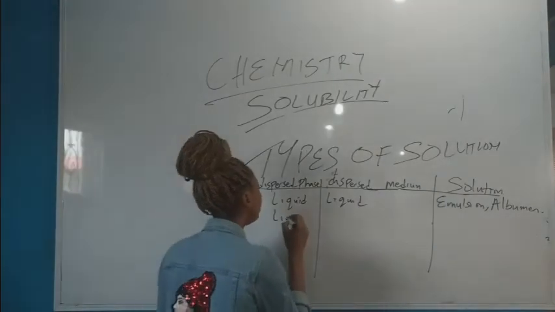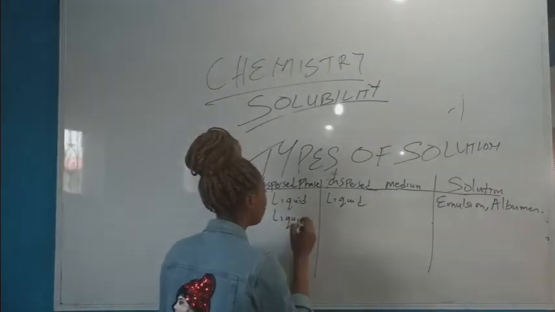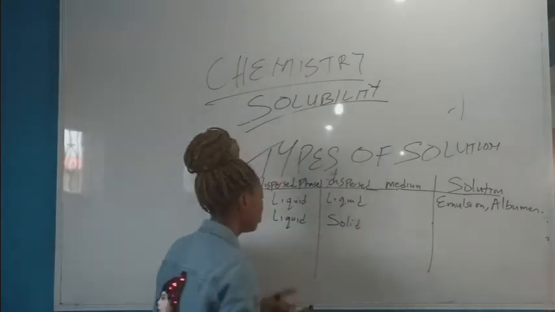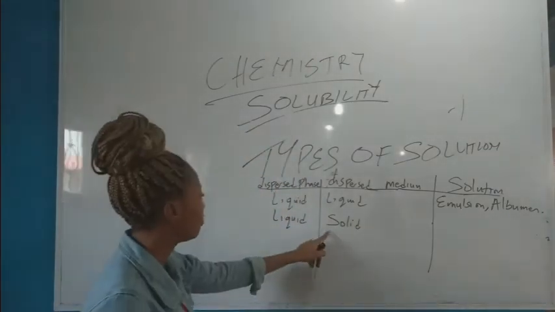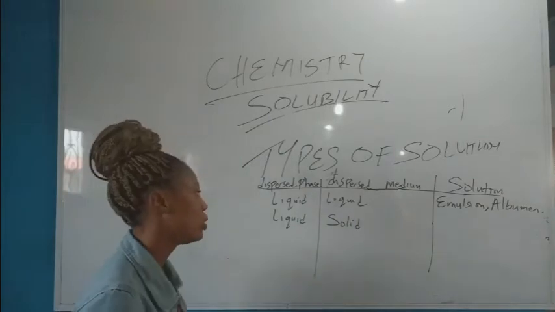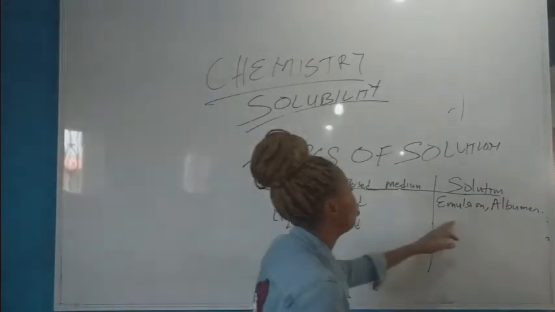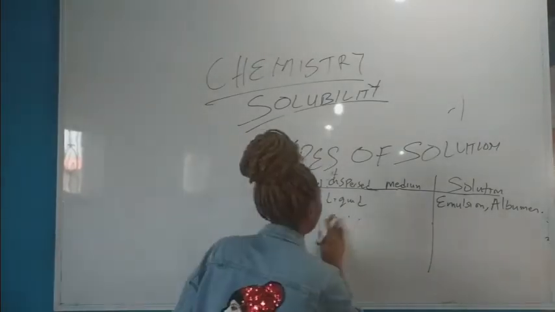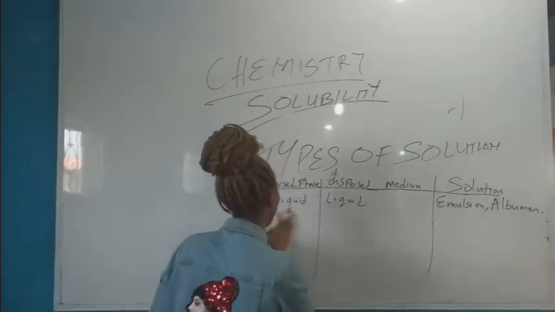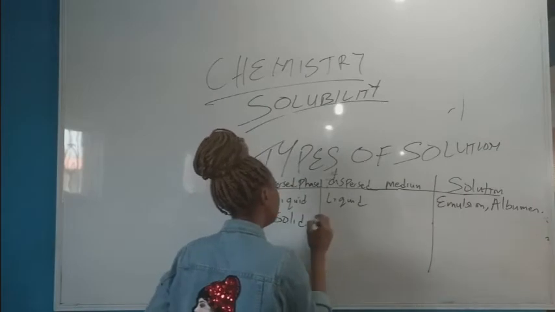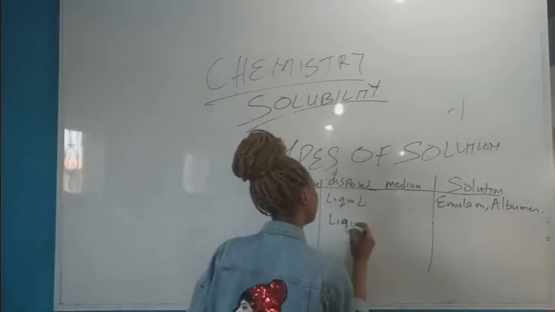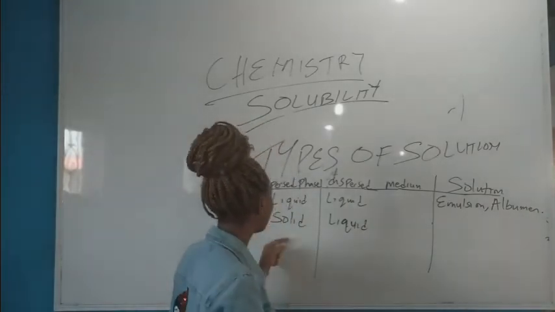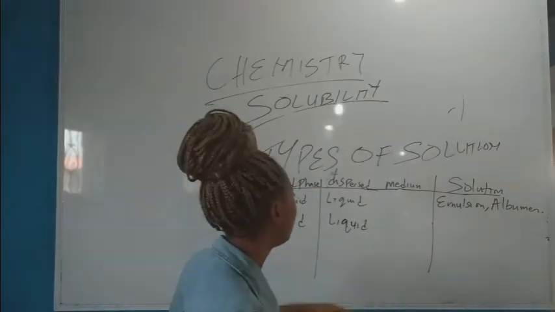When a liquid is dissolved into a solid, what will be the solution? Let's say water. When a solid is dissolved into a liquid, let's say the example of the solid here is starch, and the liquid is hot water.